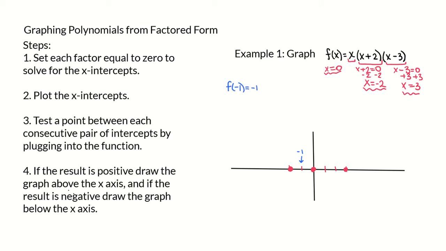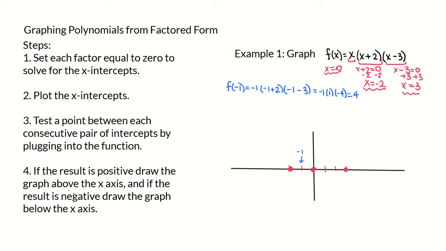That would be negative 1 times negative 1 plus 2 times negative 1 minus 3, which is negative 1 multiplied by 1 multiplied by negative 4, and the result is positive 4.